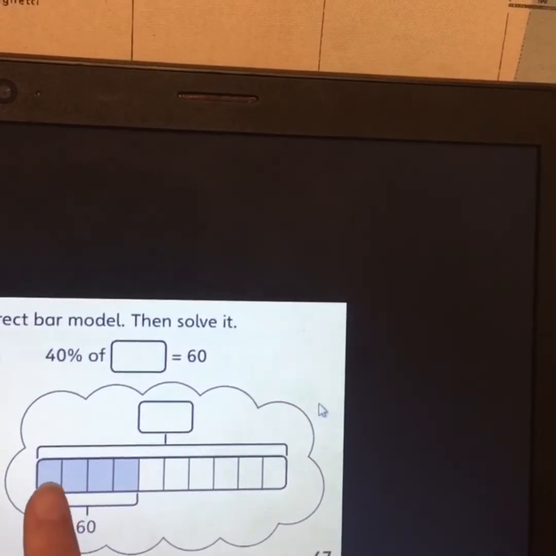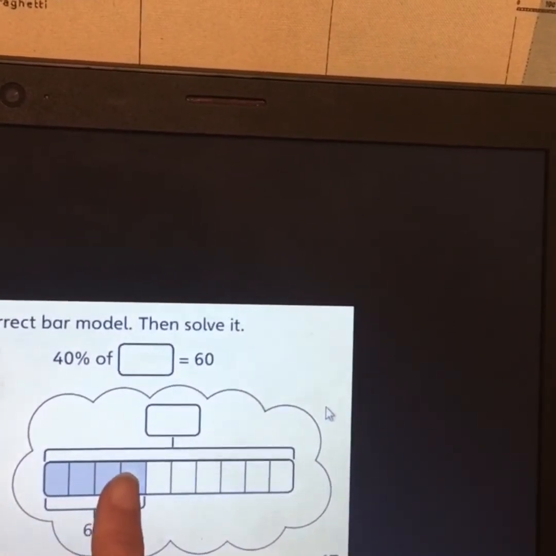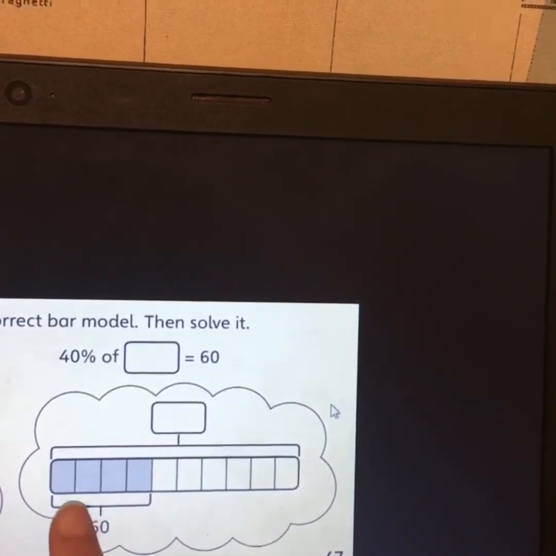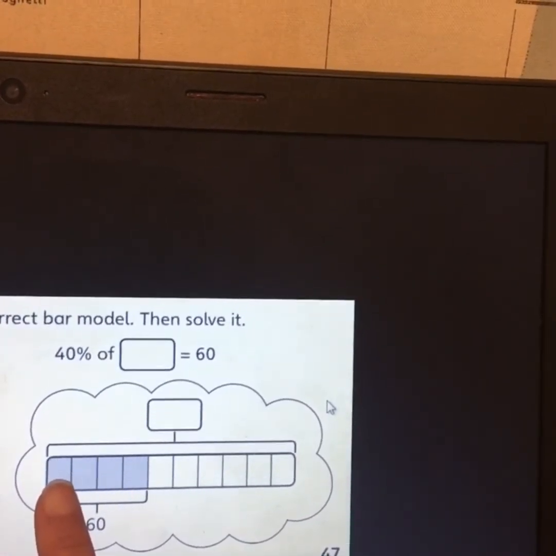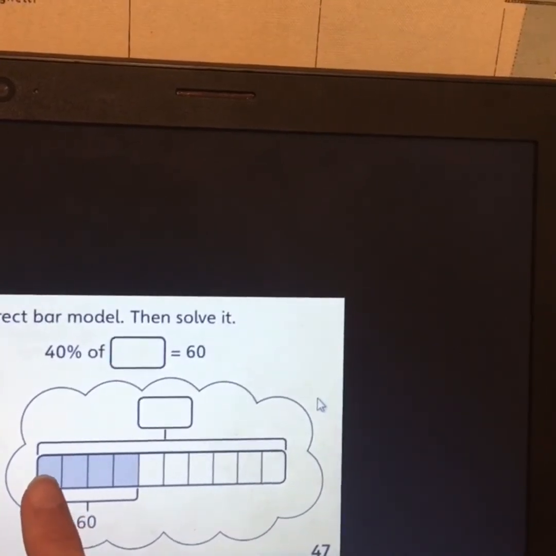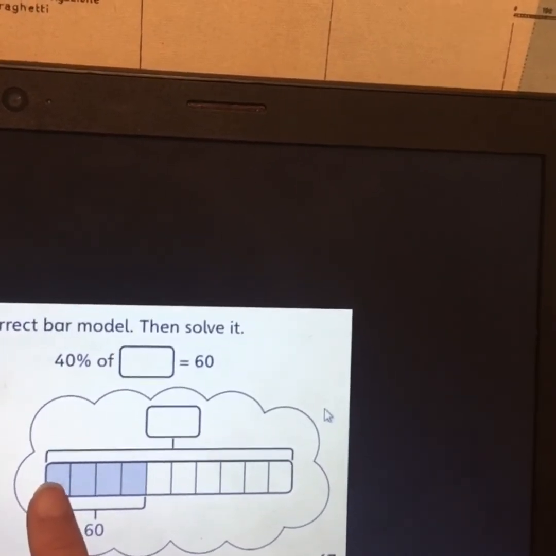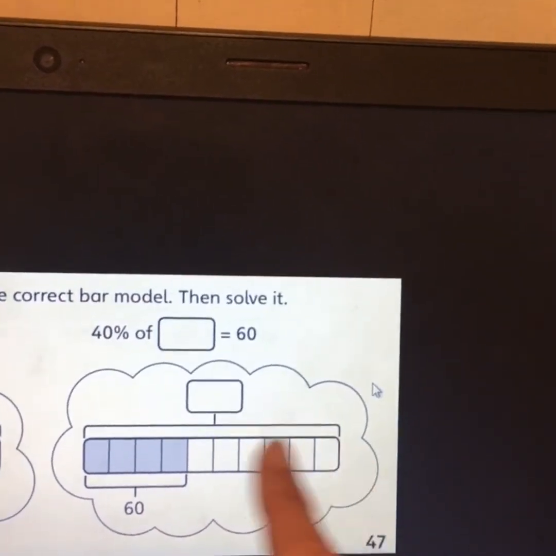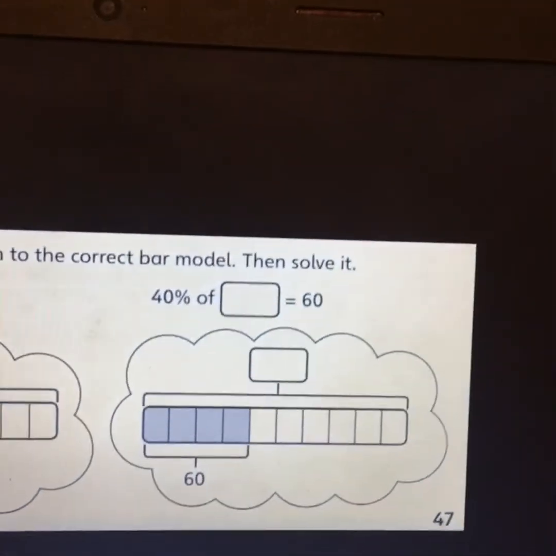So to work out 10%, I'm going to divide 40% by 4. So I need to do 60 divided by 4, which is 15. So one of these little 10% is worth 15, but I've got 10, so I'm going to do 15 times 10, which is 150. Well done if you got those right today.